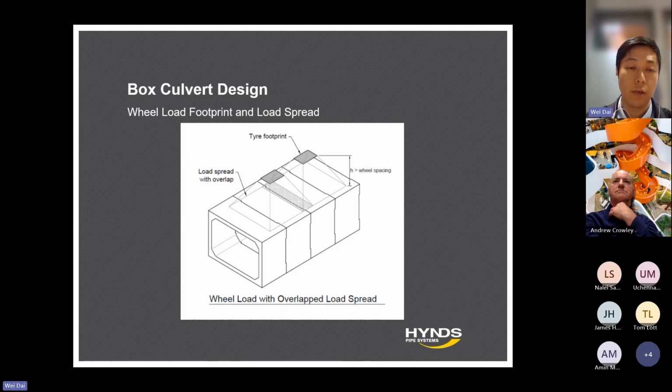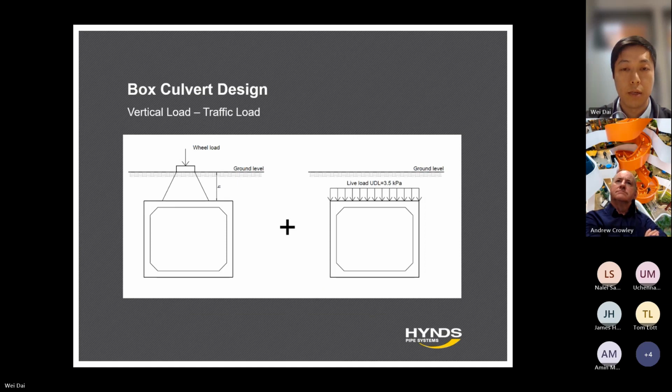In this case, we need to consider the UDL as a result of the total combined wheel load divided by the area of the overlapped load spread. In this case, we get the final design UDL on your box culvert deck. So that was load spread acting on the box culverts.